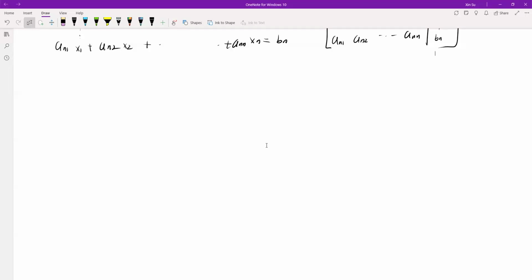I'm going to write down the algorithm here. This one is a Gaussian elimination algorithm, and it's in your lecture notes. You don't need to memorize all these things.